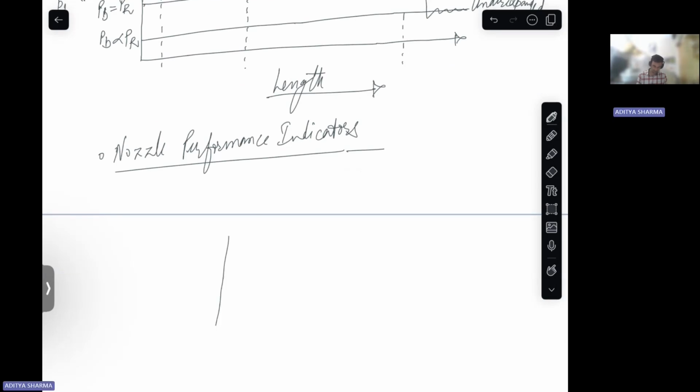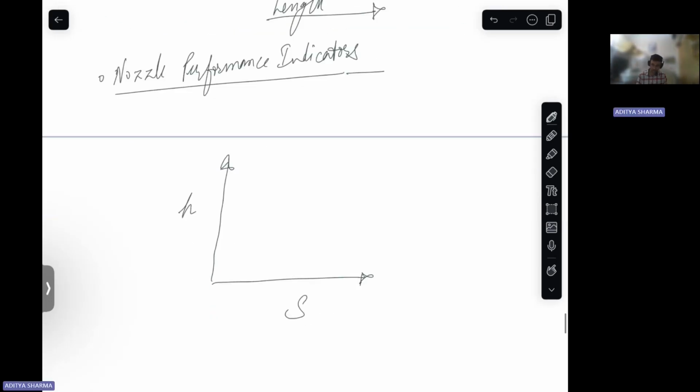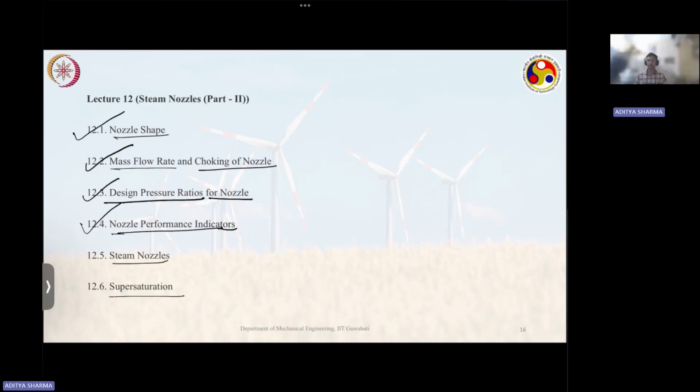So I'll first draw the h-s diagram for nozzle expansion. So this is your isentropic case, 1 to 2. Okay, so I had lost internet connection because of a short power cut. But anyways, I'm back.